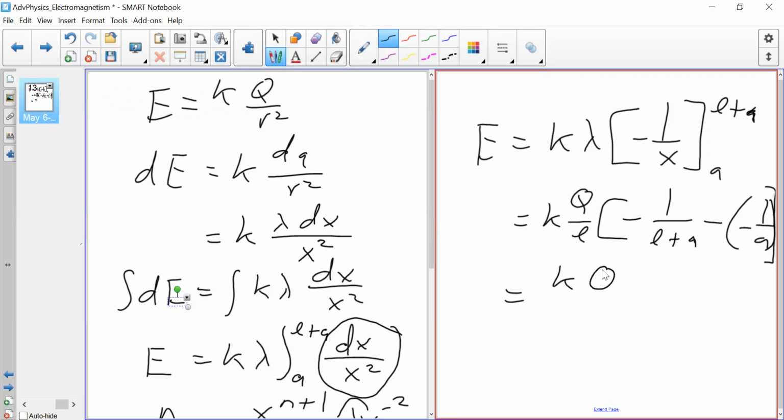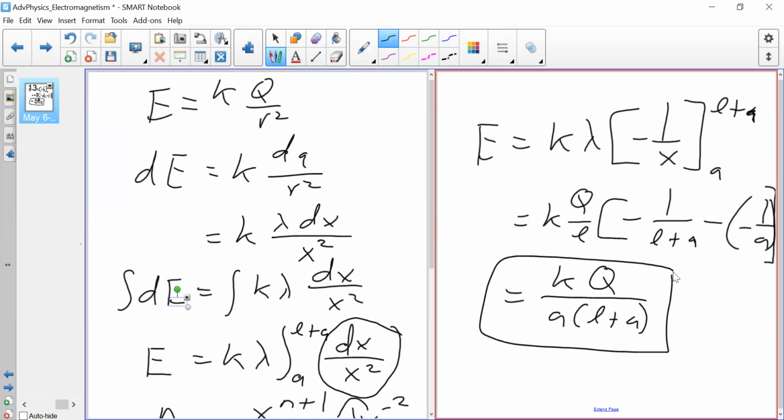I get k Q over a times (L plus a). And this is my electric field from a linear charge distribution, a rod that has all this Q on it, throwing out an electric field to a point P. So that's just one example of that. I'm going to push on ahead.